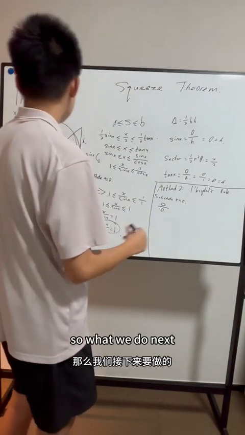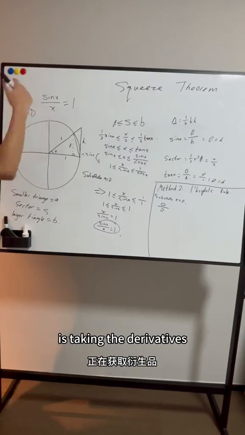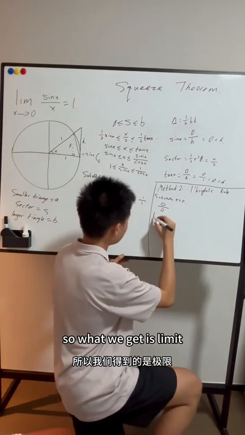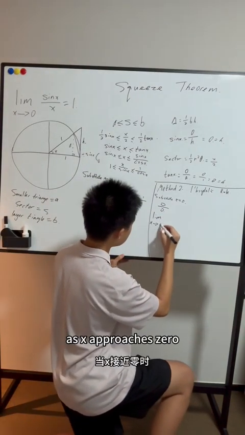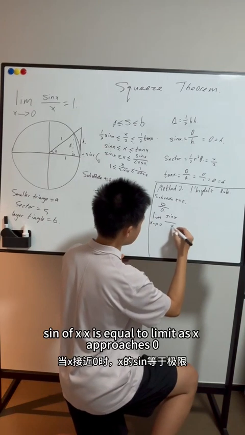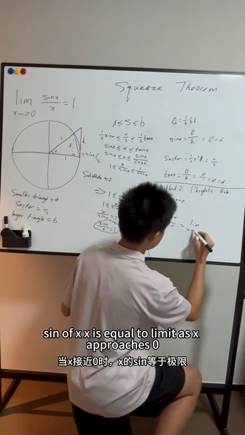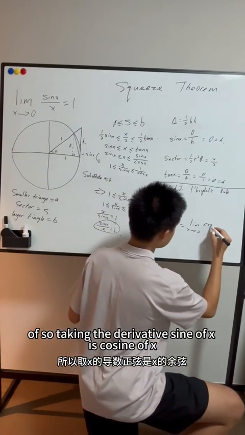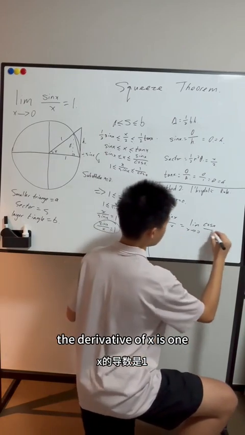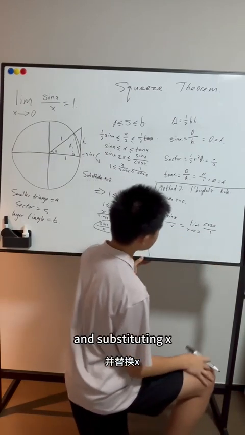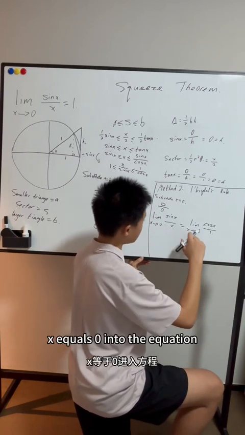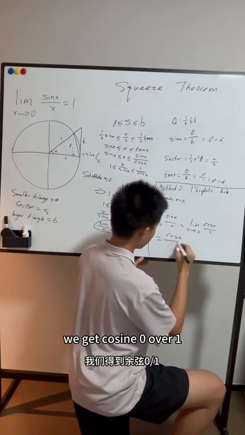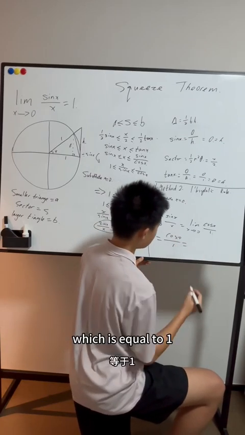What we do next is take the derivatives of both the numerator and denominator. So we get the limit as x approaches 0 of the derivative of sine x, which is cosine of x, over the derivative of x, which is 1. Substituting x equals 0 into the equation, we get cosine 0 over 1, which is equal to 1.